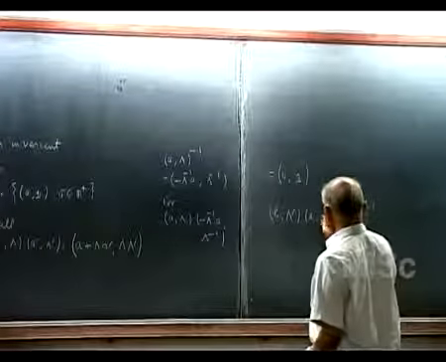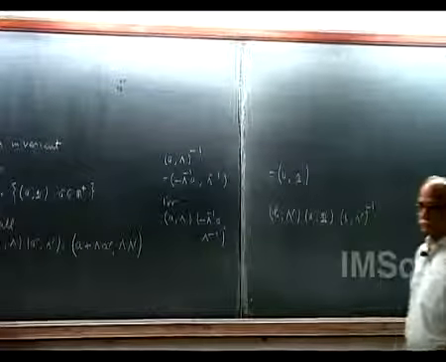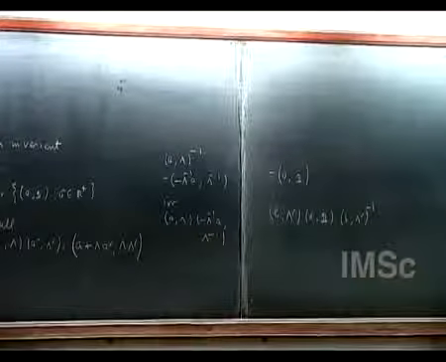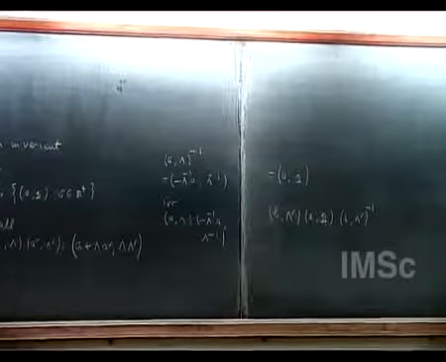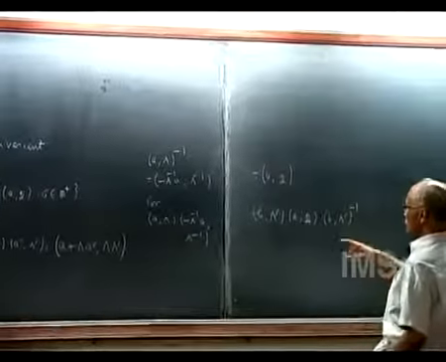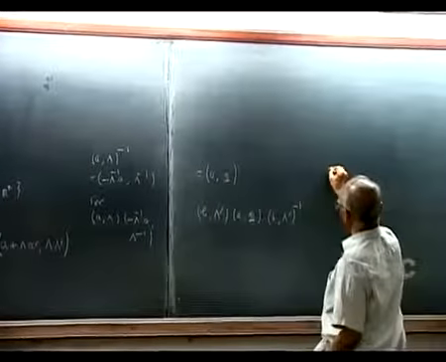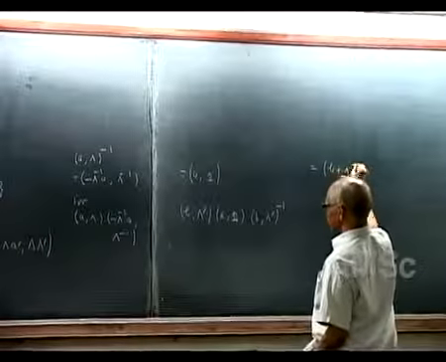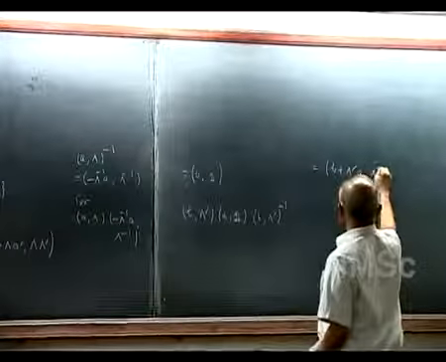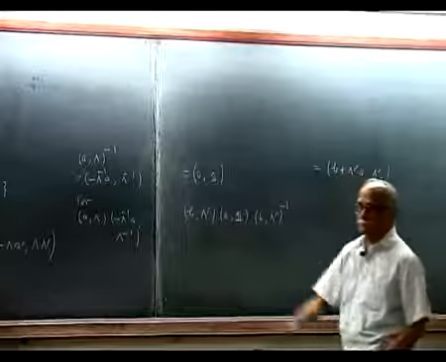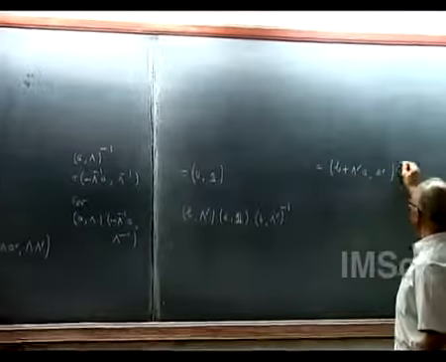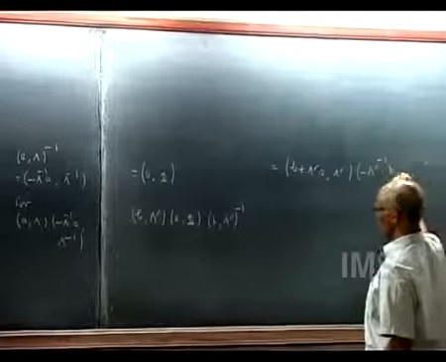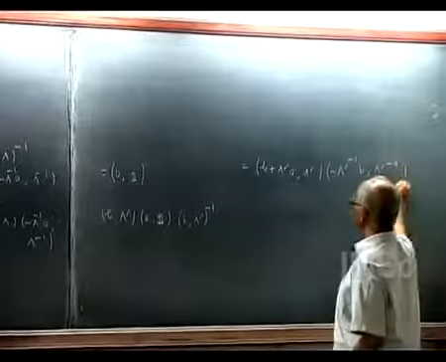I want to look at this. I want to show that this is another translation. So, we just work it out. This is equal to (B plus lambda prime A, lambda prime) from here, then the inverse of this, which is (minus lambda prime inverse B, lambda prime inverse).